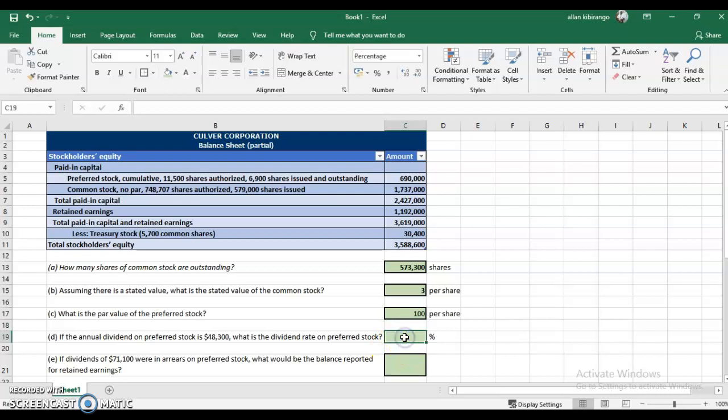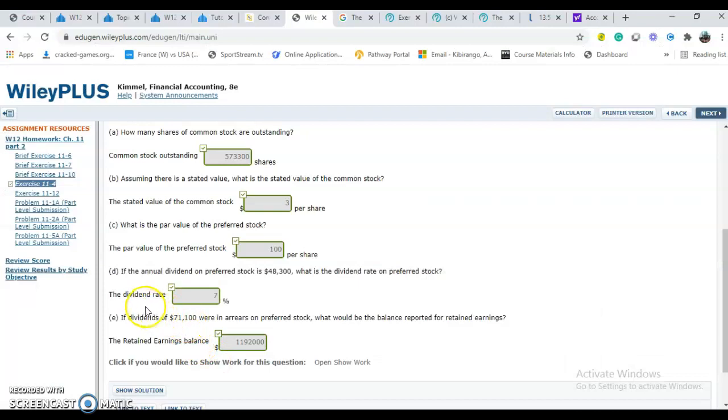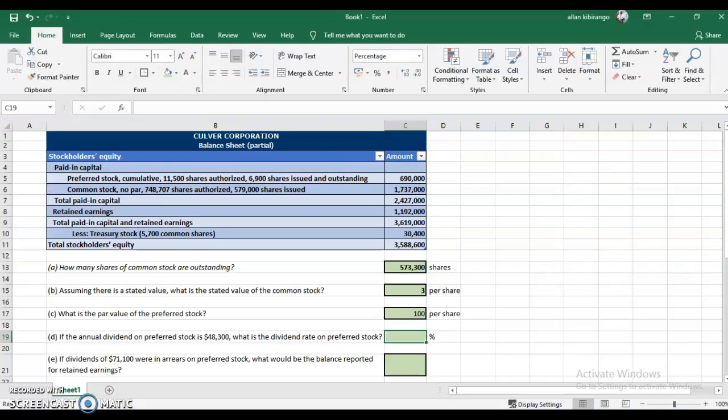And we come here to get the dividend rate. So if the annual dividend on preferred stock is $48,300, what is the dividend rate on preferred stock? So we're going to find the rate, and here there are 2 ways, and I'm going to share with you these two ways that I used, and they all help you to get the same answer.